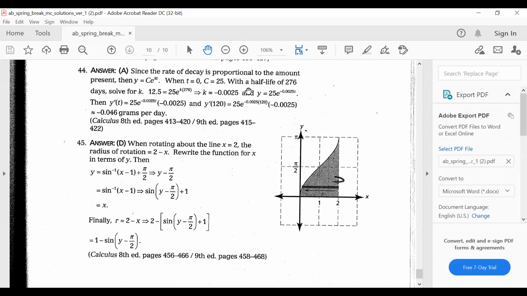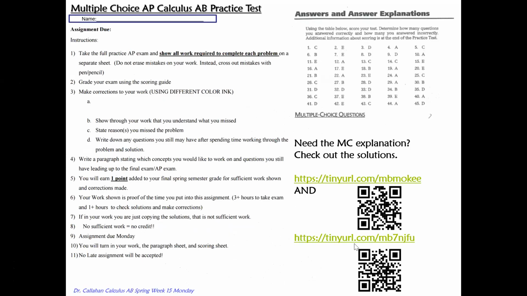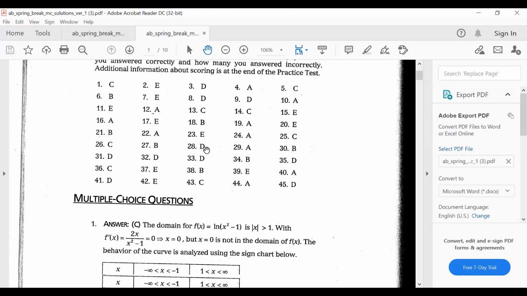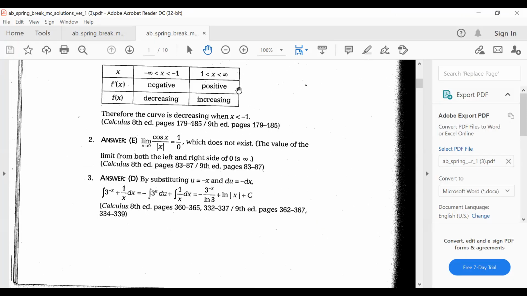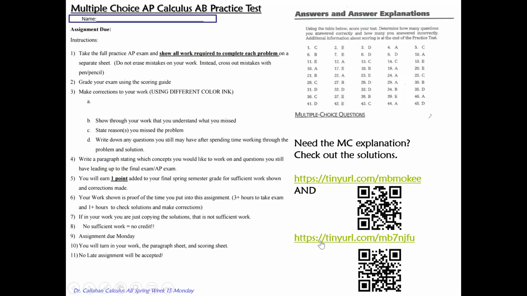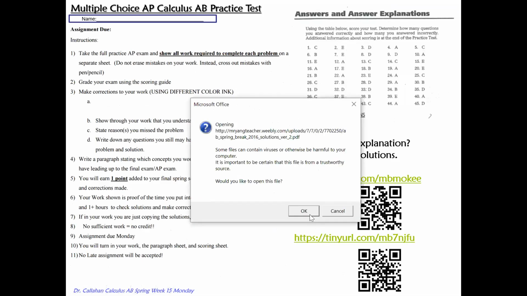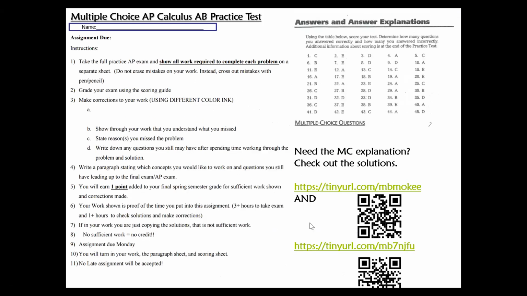So you can take a look at that with the QR code or the link itself. The second one, I click on it, and actually that did not happen. Let's try that one more time. Okay, now it pops up, awesome.